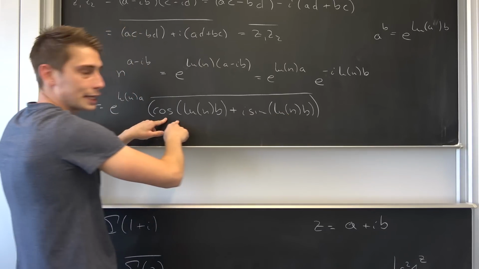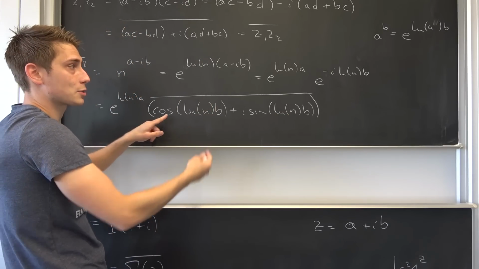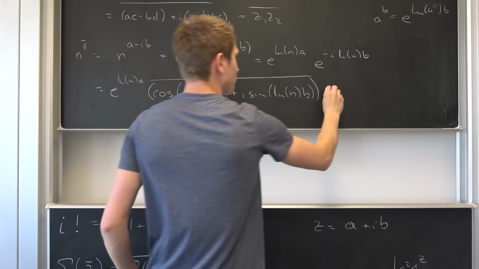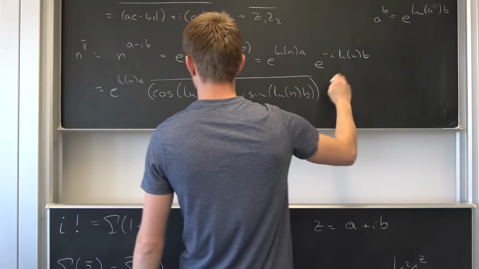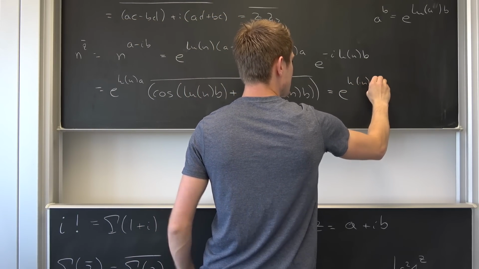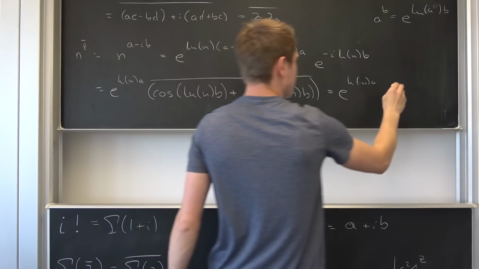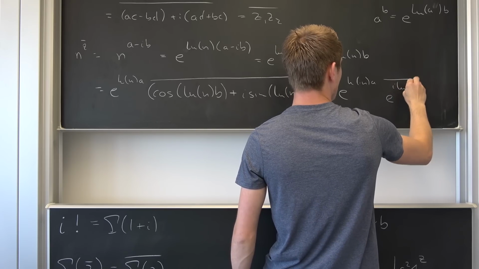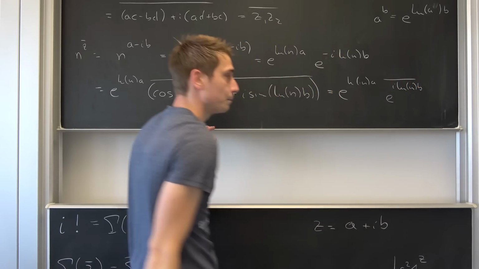Then this term right here is going to be the complex conjugate of e to the i natural log of n times b, leaving us with e to the natural log of n times a times the complex conjugate, I'm terribly sorry, of e to the i natural log of n times b.